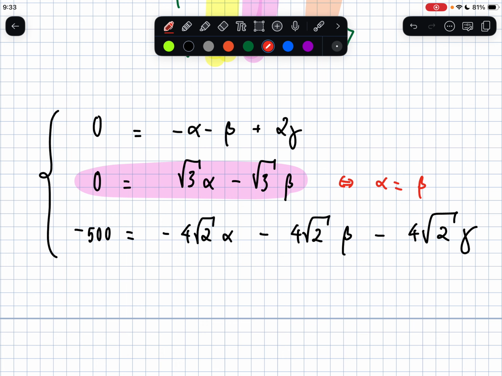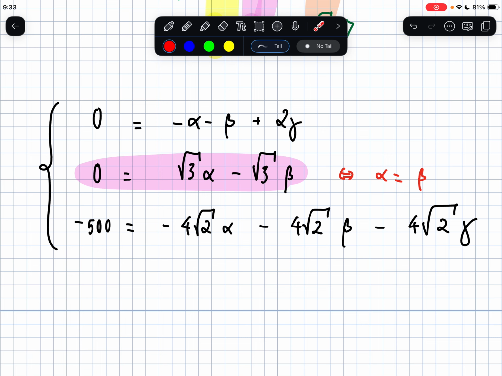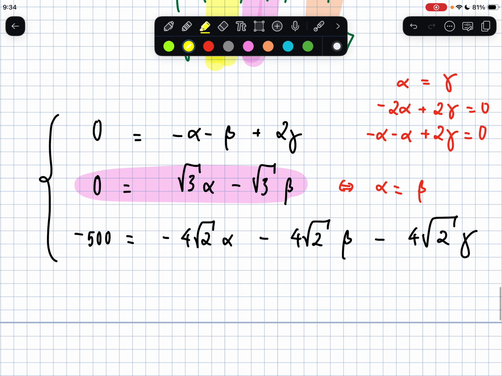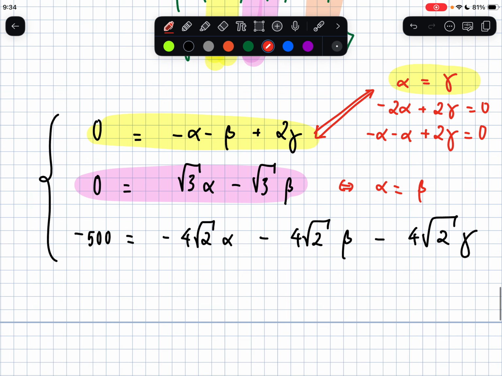Because alpha equals beta, the first one becomes minus 2 times alpha plus 2 times gamma equals 0, or alpha equals gamma. I hope you understand what I did. So the first equation is equivalent to alpha equal to gamma, and you plug into the last one.